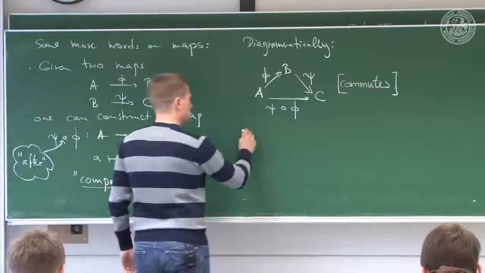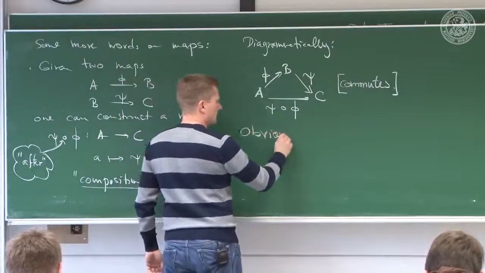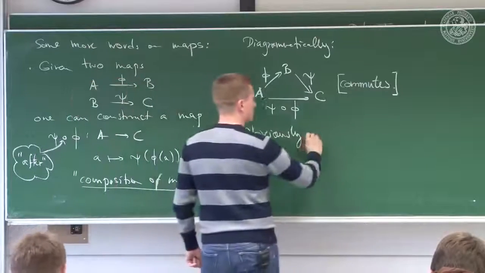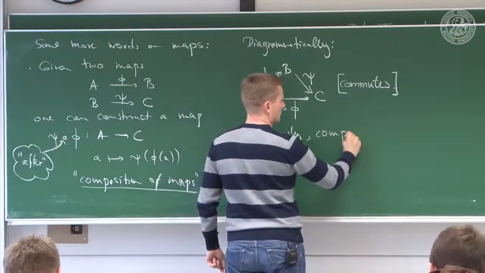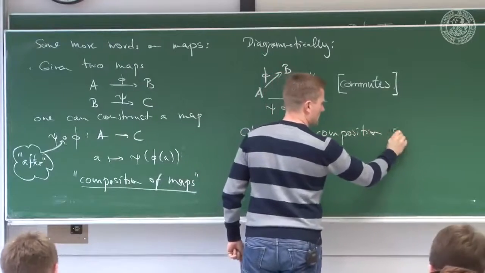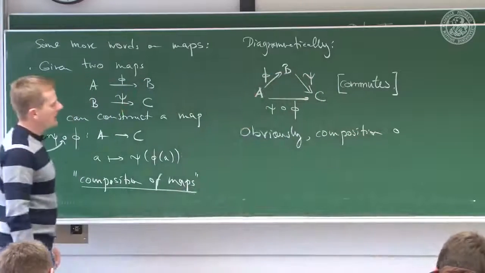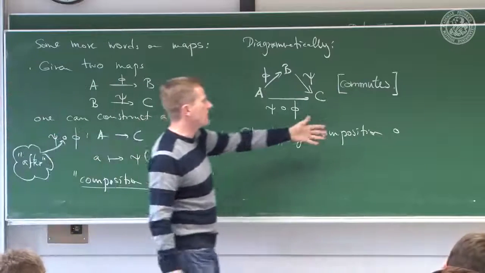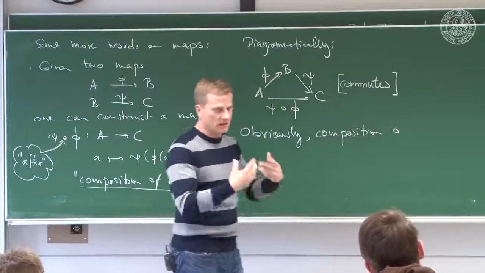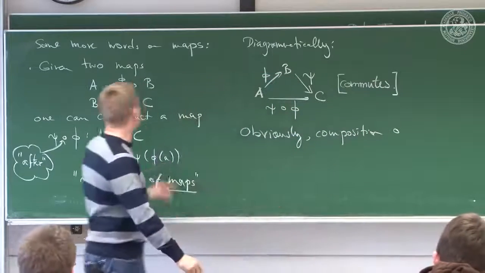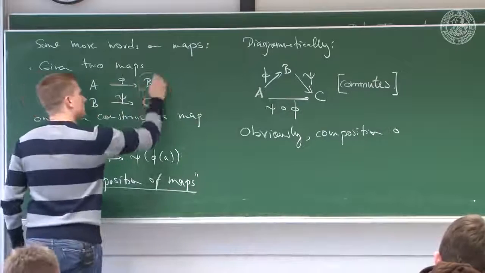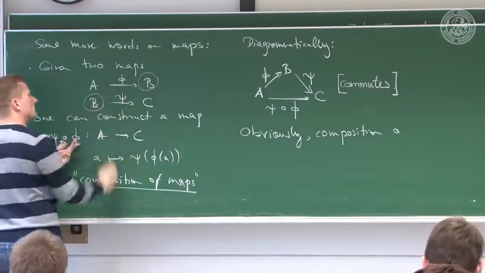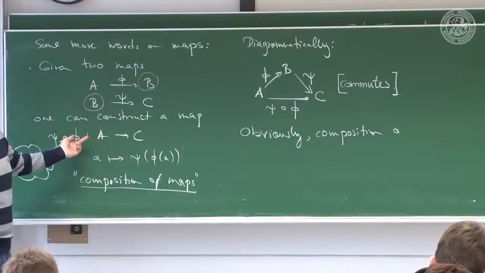Now, quite obviously, composition circ is an operation on the space of maps, because of two maps it makes a new map, but only if the target of the first map is the domain of the other map, obviously.